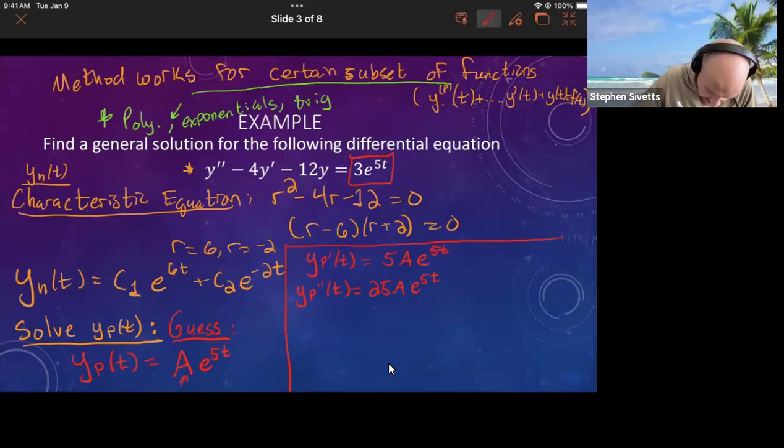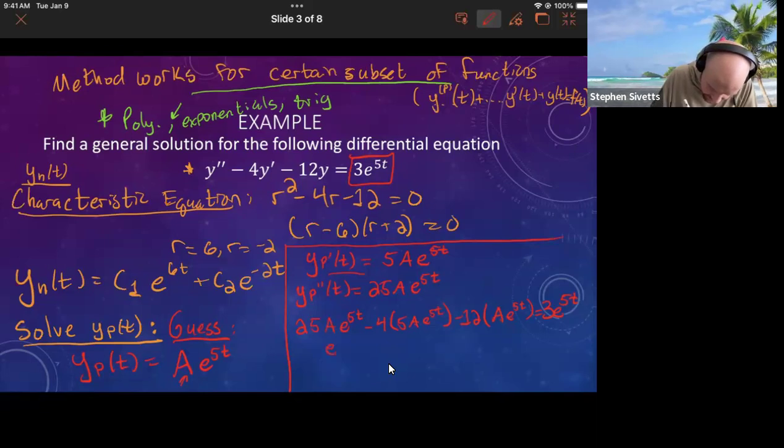By the differential equation, we have 25A e to the 5t, minus 4 times y p prime of t, which is 5A e to the 5t, minus 12 times y p of t, so minus 12 times A times e to the 5t, equals 3 e to the 5t.